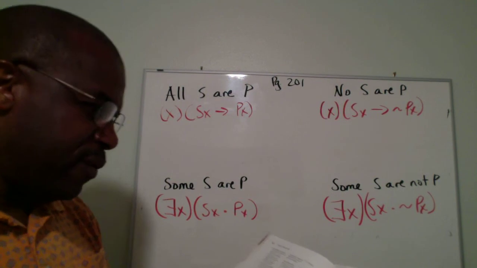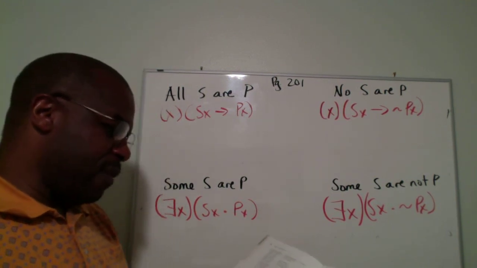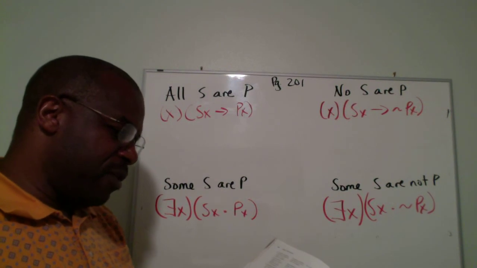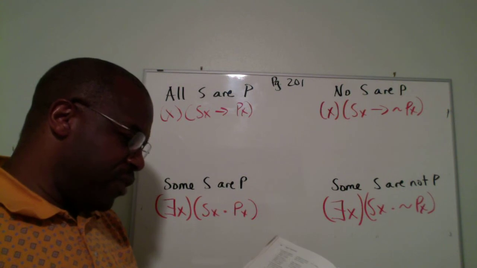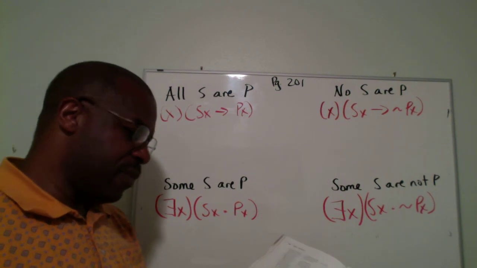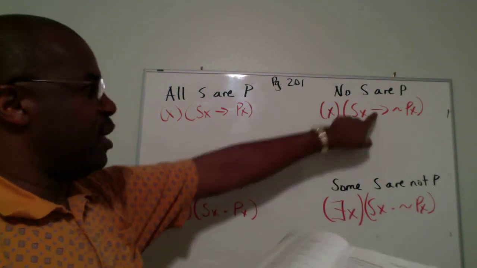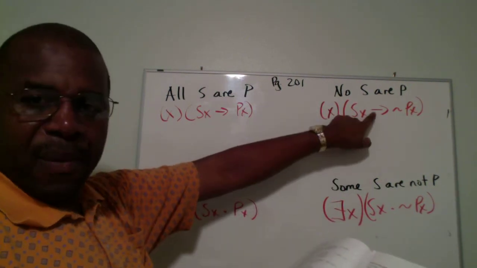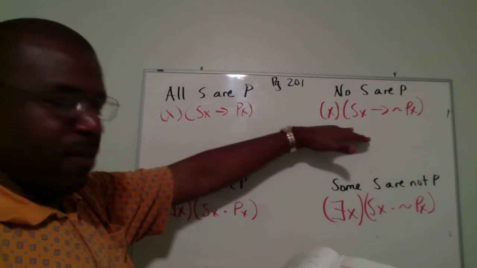Look at page 431, part C, symbolizing. Symbolize the following statements using the schemes of abbreviation provided. No Zoroastrians are Muslims. That is an E statement. If it's an E statement, that's how you symbolize it. It'll take this sort of format.